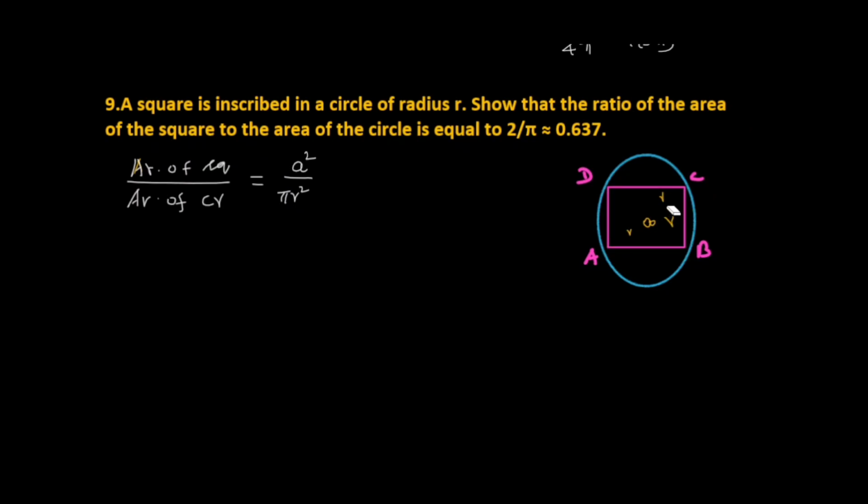The diagonals of a square are perpendicular bisectors. That is a very important property of the square. In a square and a rhombus, the diagonals are perpendicular bisectors.